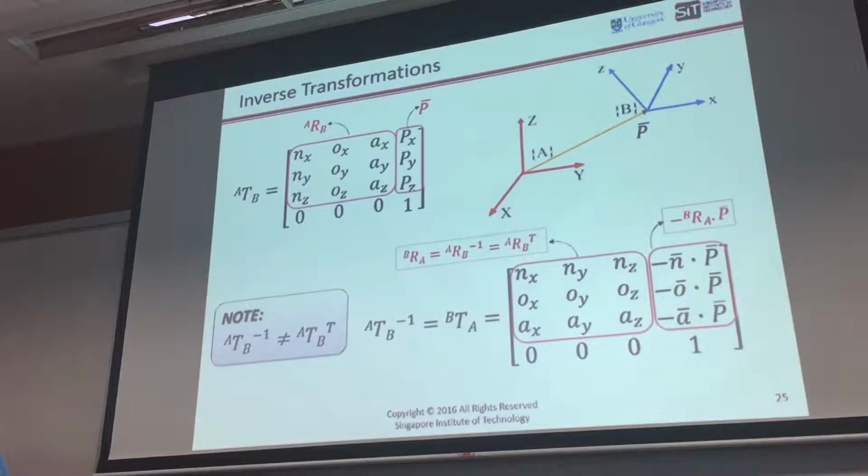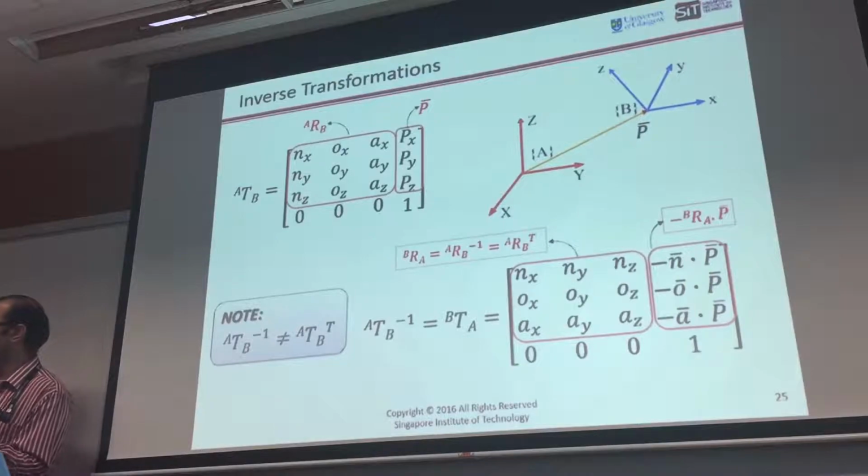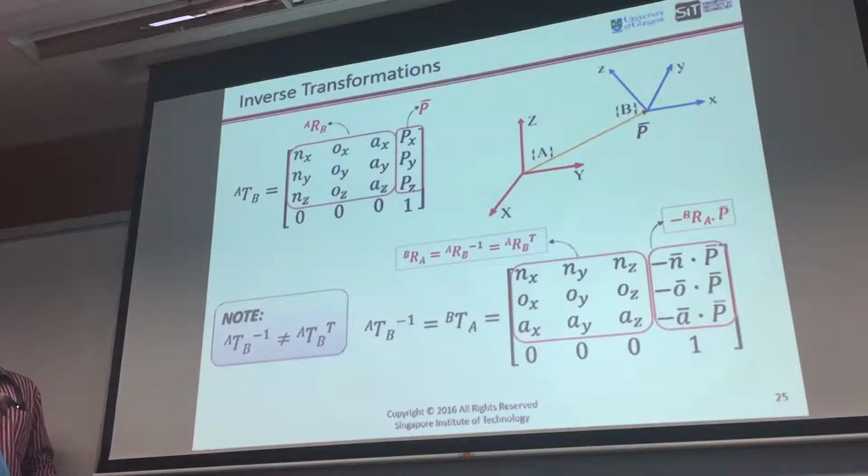But for the position vector, instead of going from A to B, you're going to go from B to A. So that's why you have a negative sign. And because you want to make B your global frame now, you will multiply your column vector with the transpose of the rotation matrix. Because you're doing an inverse, you're going backwards. Just take note of that.